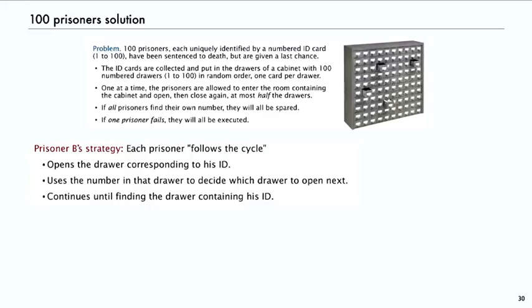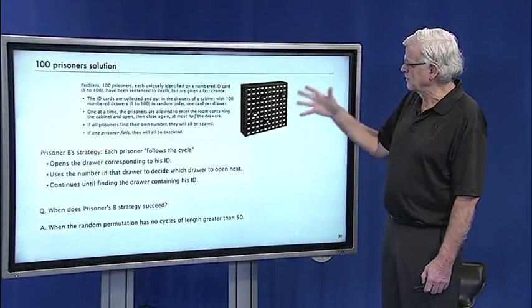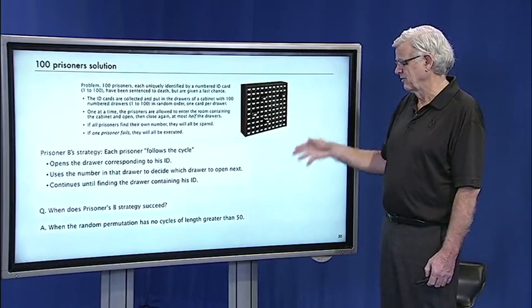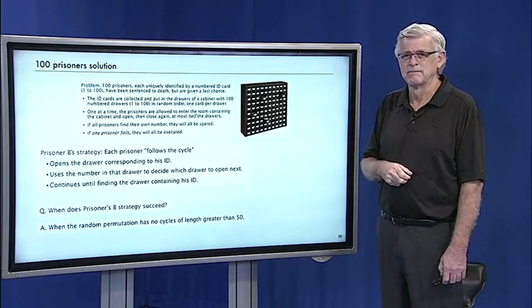Well, he has to stop if he gets to 50 drawers. So if you think about that, when does the strategy succeed and when does it fail? It's going to succeed if the permutation that represents the cards in the drawers has no long cycles, no cycles of length greater than 50.